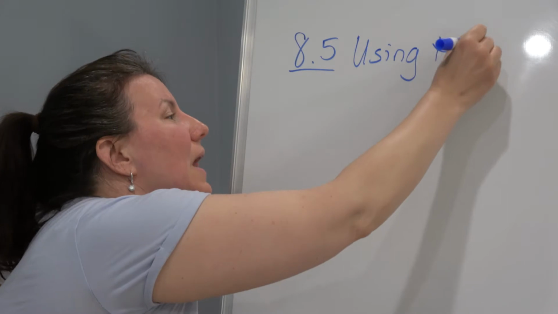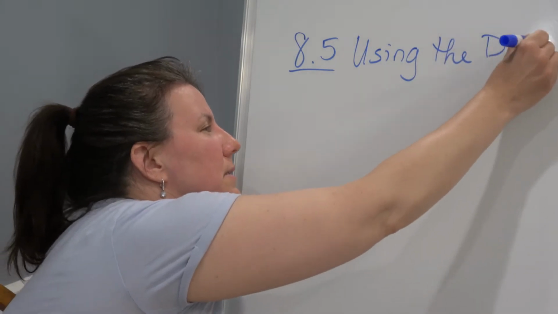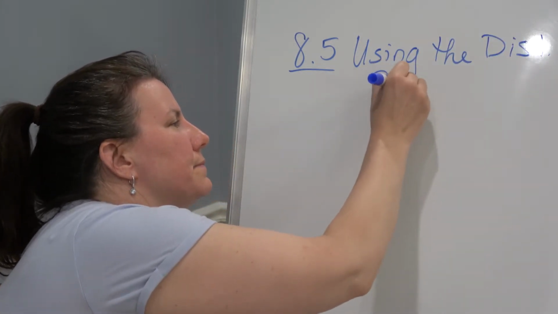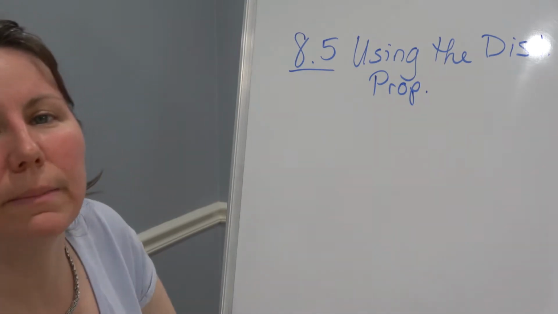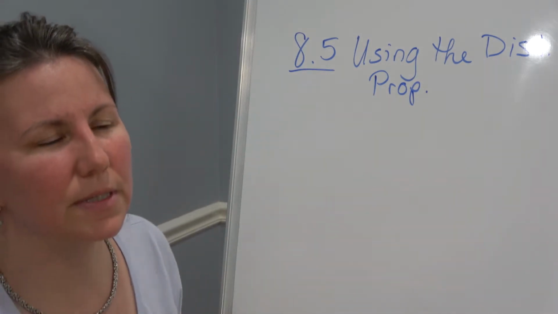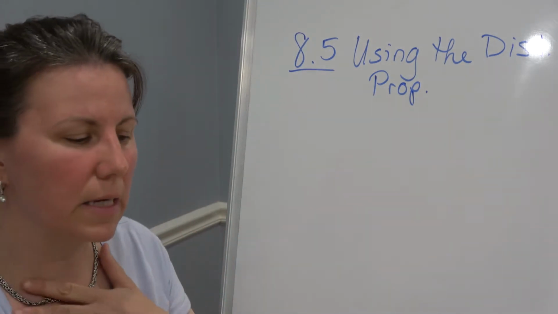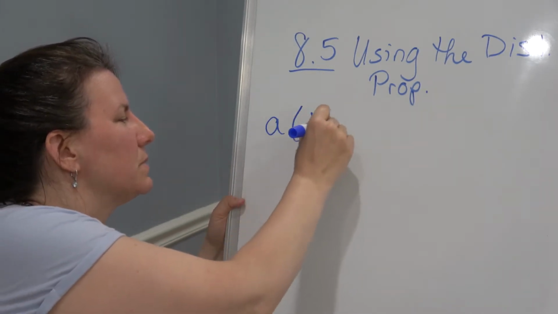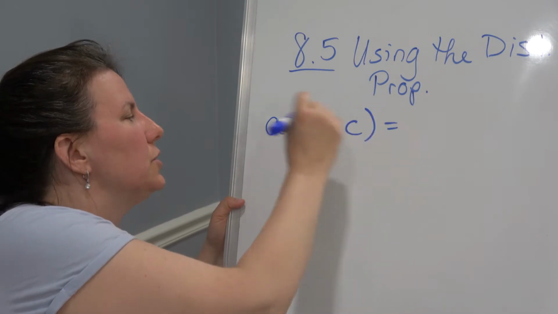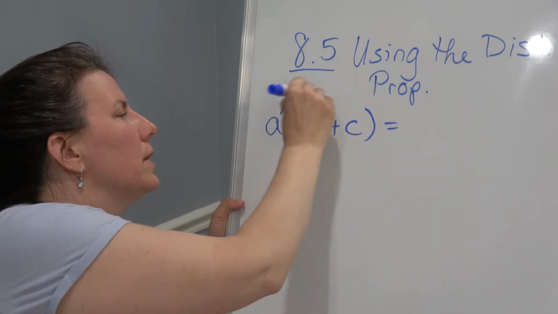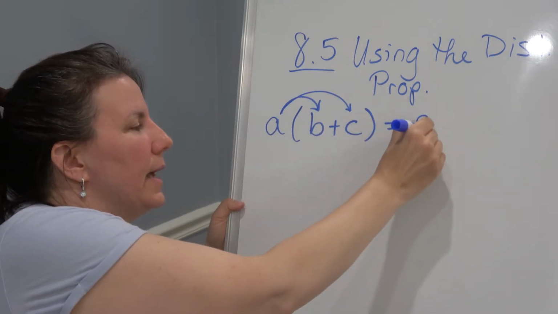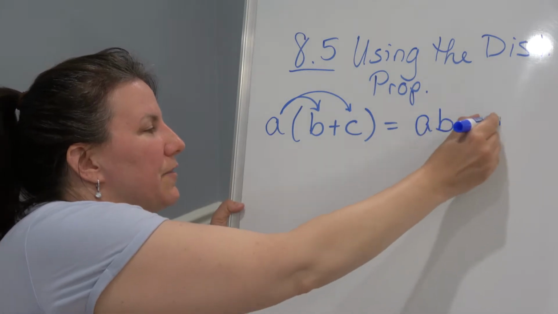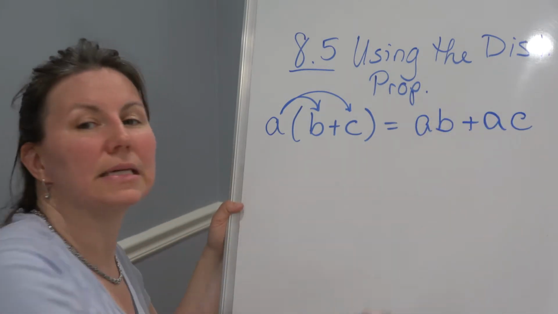Now, there's a lot in this section. You already know the distributive property, but it's more working in reverse. So you may recall that if you have A times (B plus C), you could distribute that through the parentheses and be left with AB plus AC.